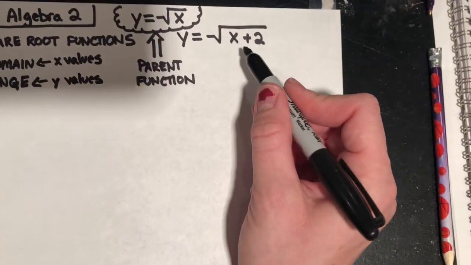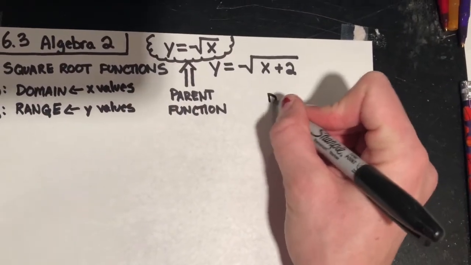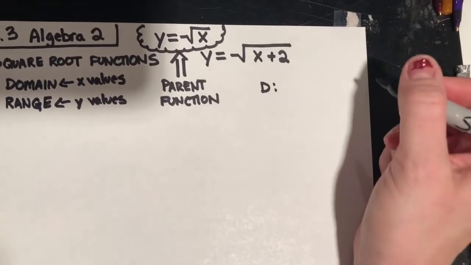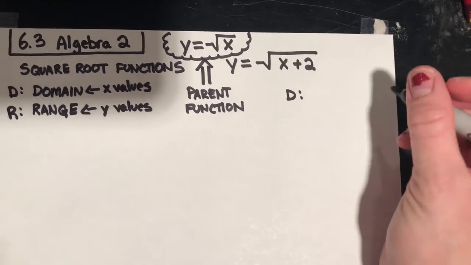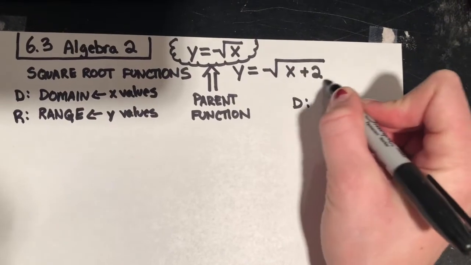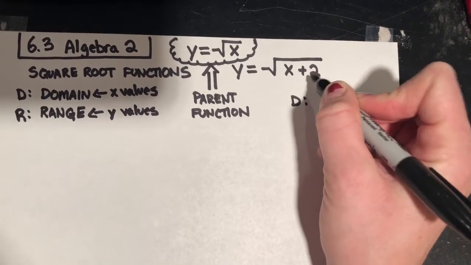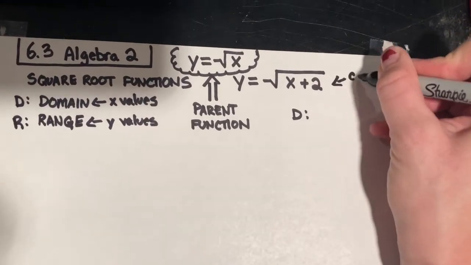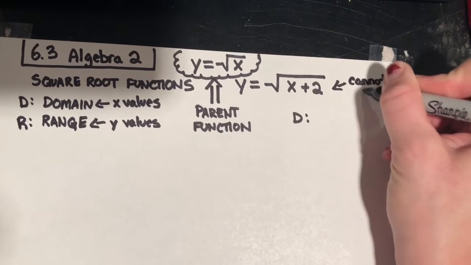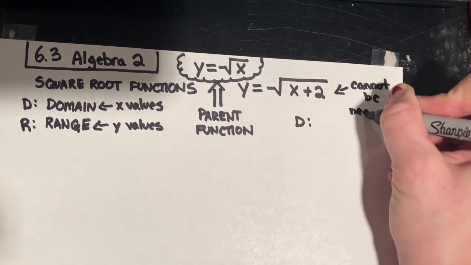So let's take this function. Let's find the domain of this function. Now, all the possible values here. Well, we know that inside a radical sign, this cannot be negative.